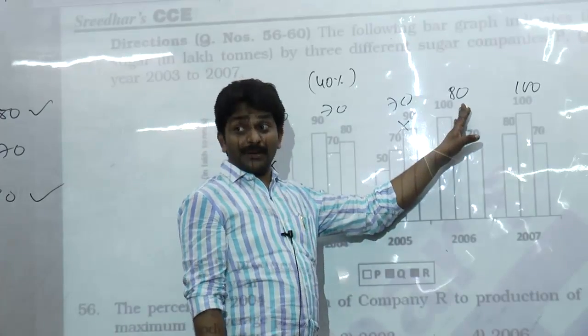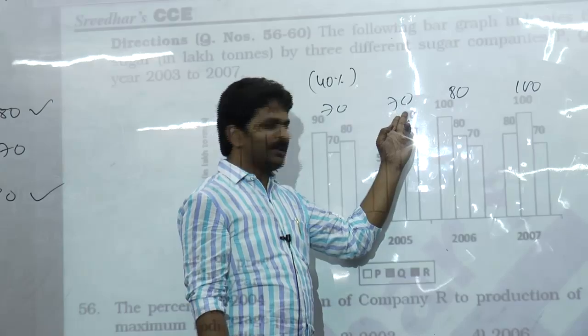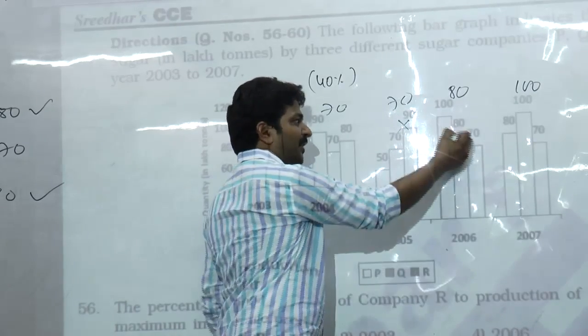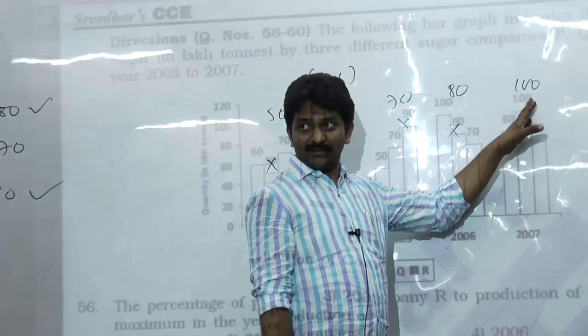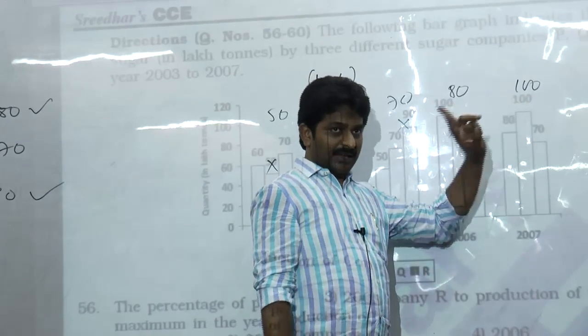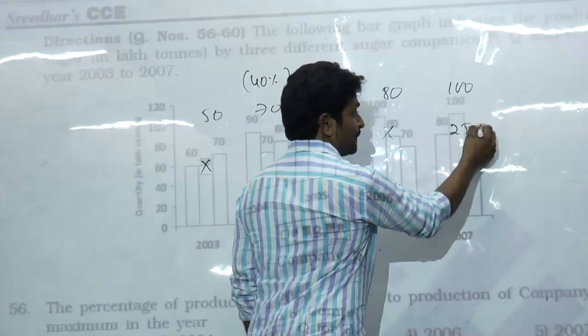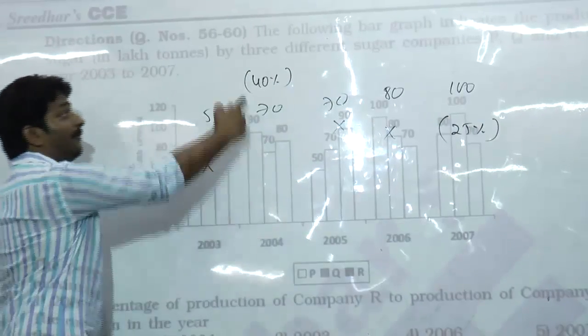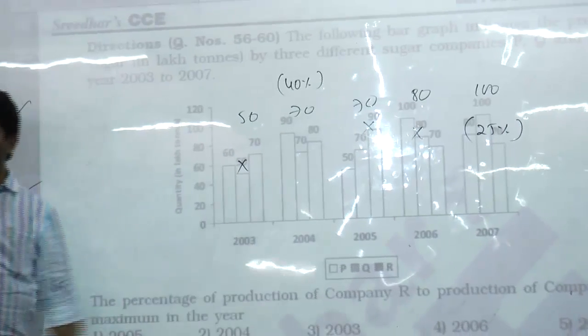In 2006 it becomes 80 from 70, increases by 10. 10 is not even 20% of this number. This cannot be your answer. In 2007 it becomes 100 from 80, increases by 20. 20 with respect to 80 is 25%. Here we have 40% and there it is 25%. Highest increase there in 2004.